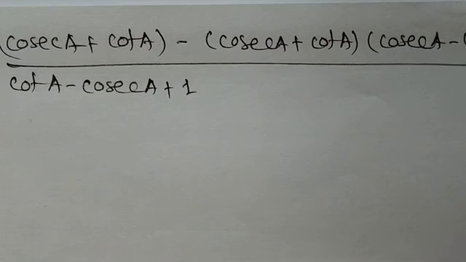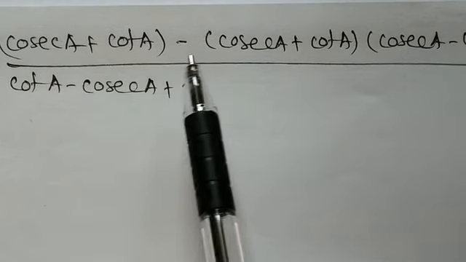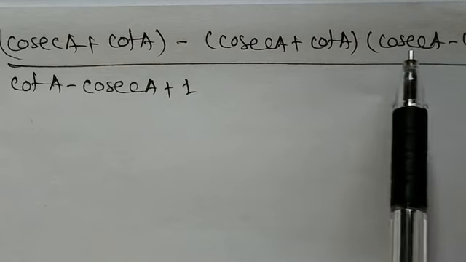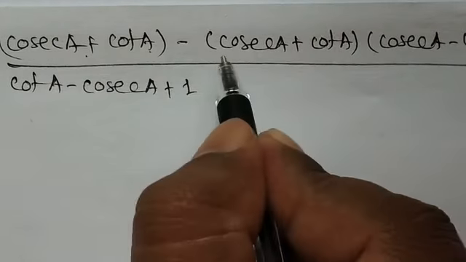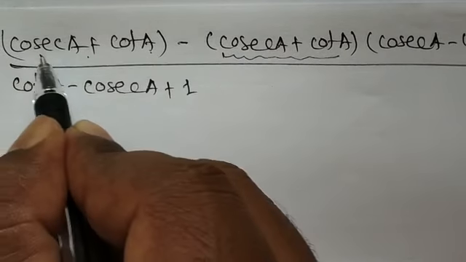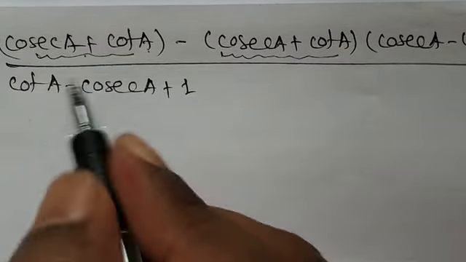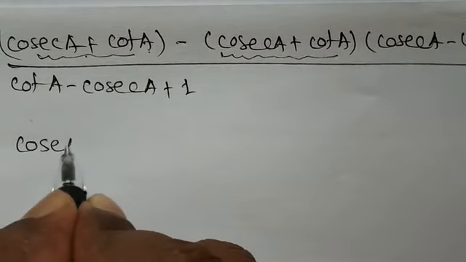Now cosec A plus cot A here and here is common, so I can take it common.